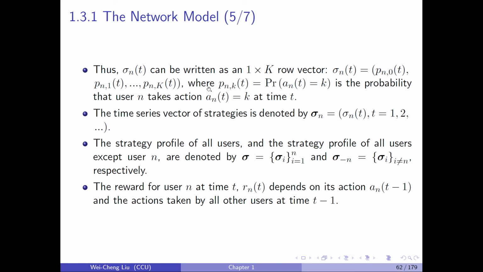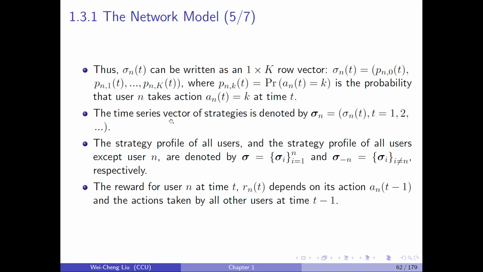Where P_nk(t) is the probability that user n takes action A_n(t) equal to k at time t.